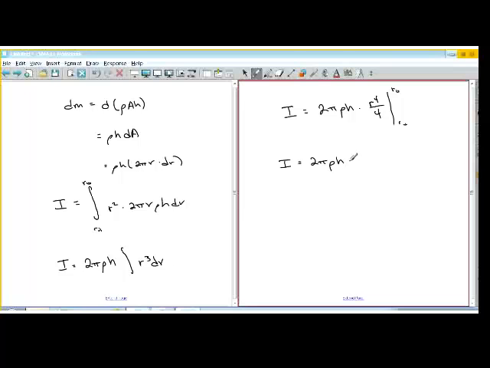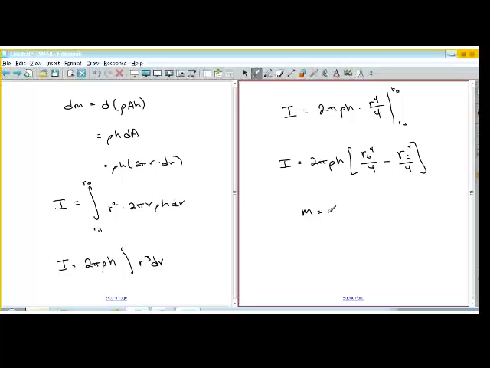Okay, so the moment of inertia is 2 pi, the density of the material times the thickness of the disk, and then we have r sub O to the 4th over 4 minus r sub I to the 4th over 4.